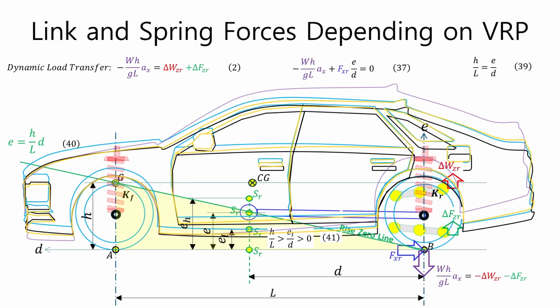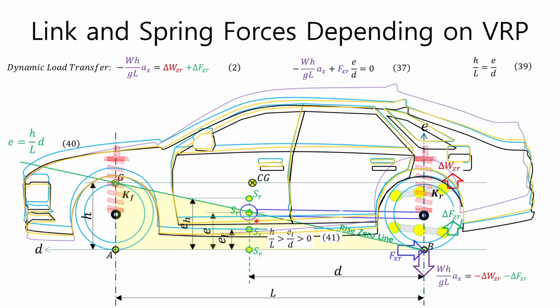Let us examine, in terms of absolute values, how the forces transmitted through the springs and links change depending on the position of the virtual reaction point. If the virtual reaction point, SR, is raised, the amount of the vertical dynamic load through the spring, delta WZR, decreases in absolute values, while the amount of the vertical dynamic load through the suspension links, delta FZR, increases.